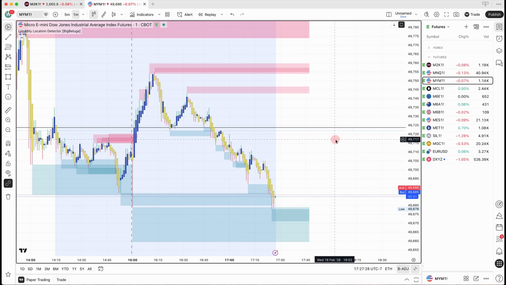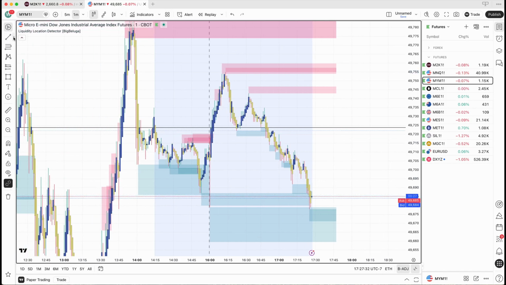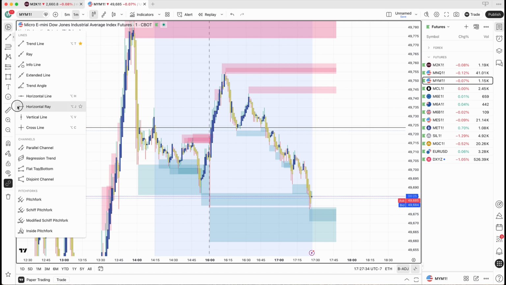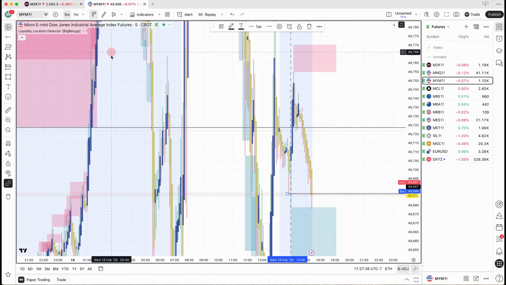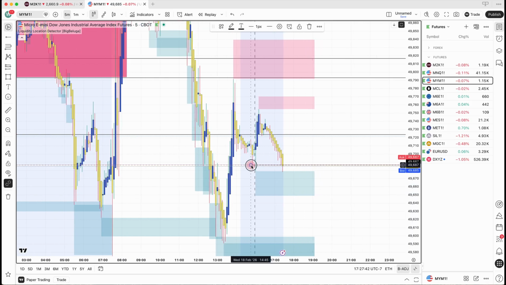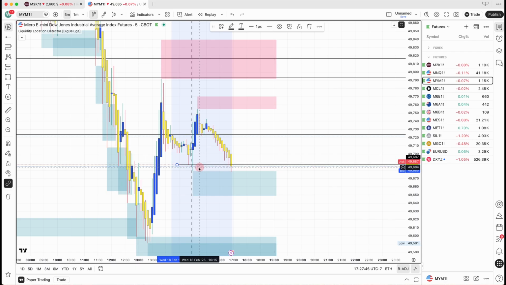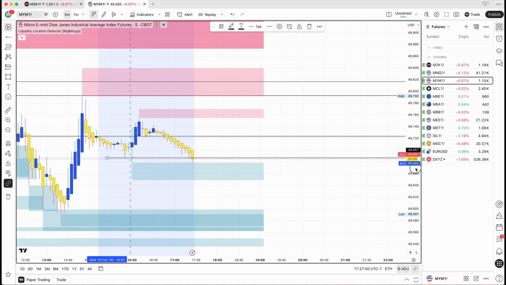Oh, look at this. This is great. There was my previous low. Let's make sure we're on the 5-minute chart. There was the previous low from the New York session.